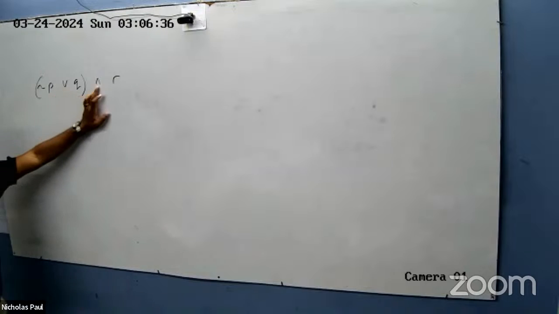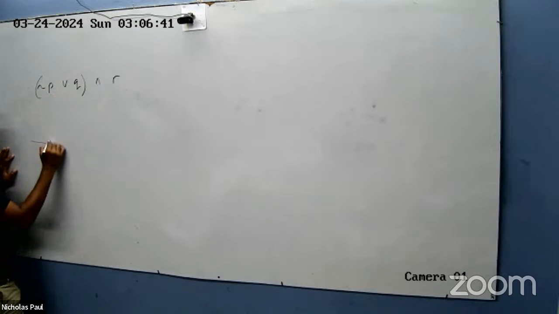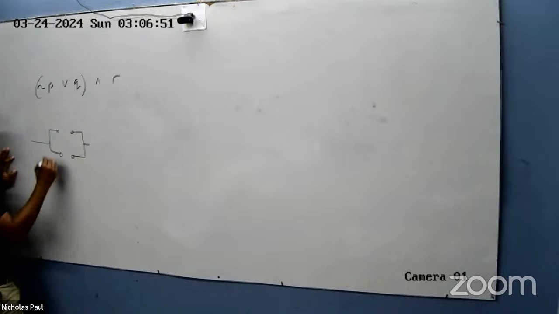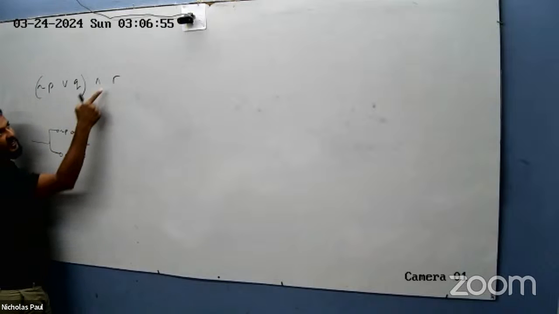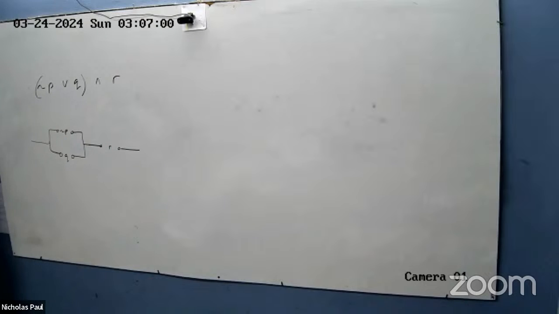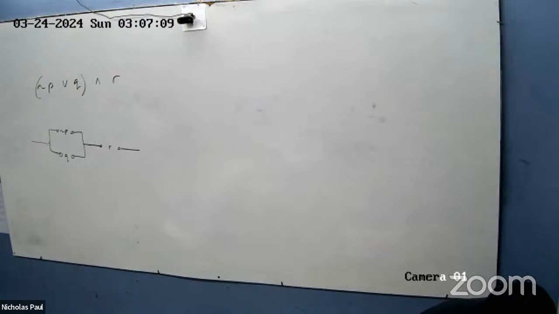OR is parallel and AND is series. So you have your parallel circuit first, the negation of P, Q, and this is in series with R. That's it. That's the switching circuit for that. And you have to be able to go vice versa, the other way around as well.